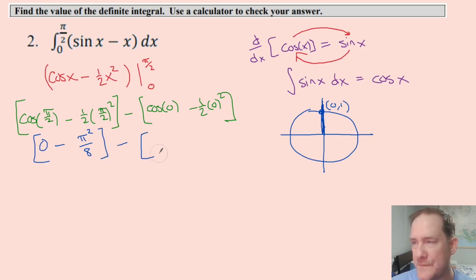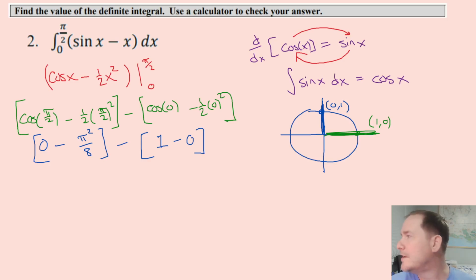Second half of the problem, cosine of 0. Well, 0, of course, is just right here on the x-axis. And if cosine is the x, then that's going to be 1. So this time around, cosine of 0 is 1. And obviously 0 squared times a half, that's just going to be 0. So it looks like we're looking at negative pi squared over 8 minus 1.